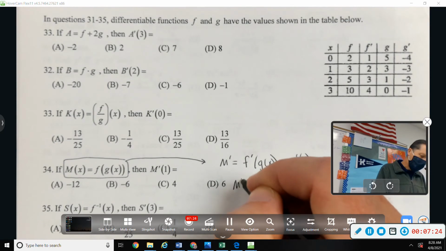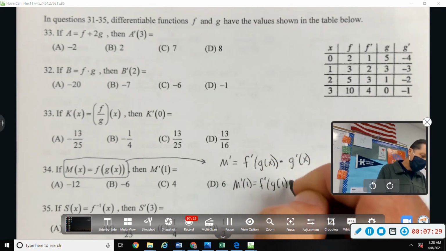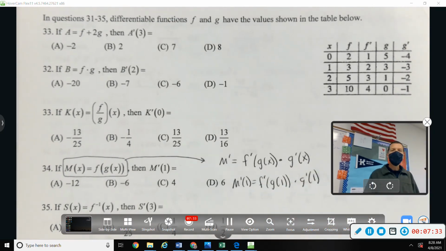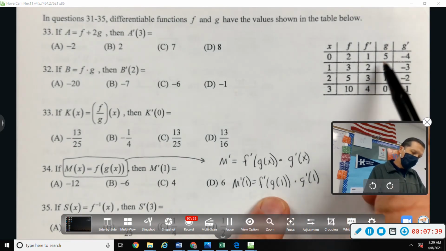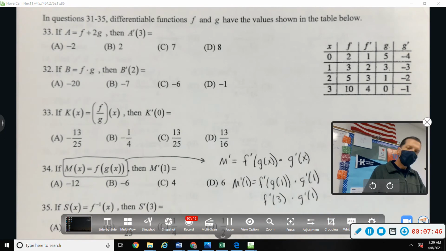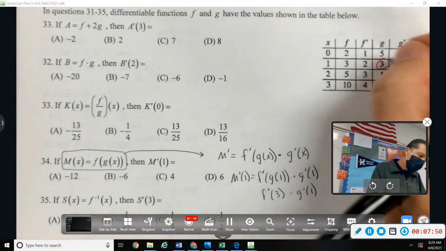So that means m prime of 1 is f prime of g of 1 times g prime of 1. And then we got to go to the table and figure out what all those values are. So g of 1 is 3.